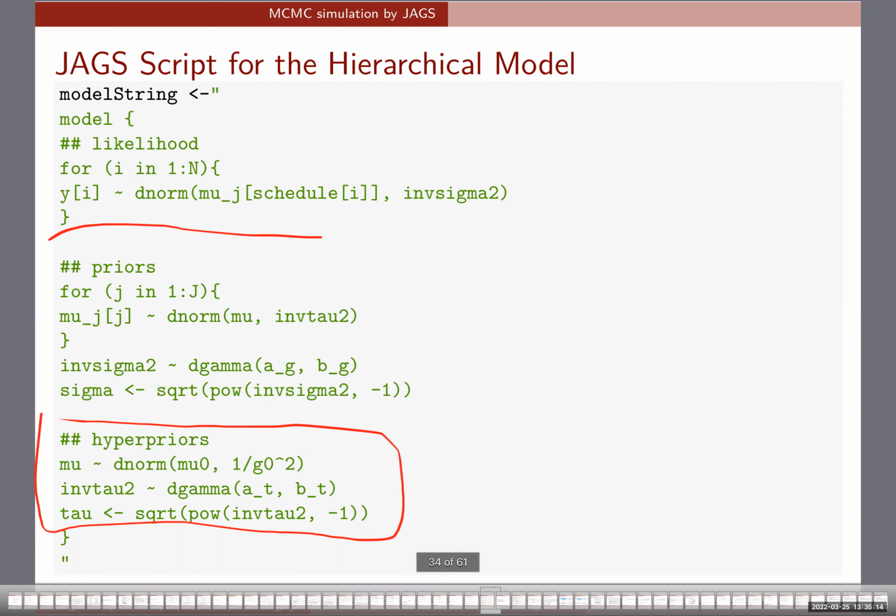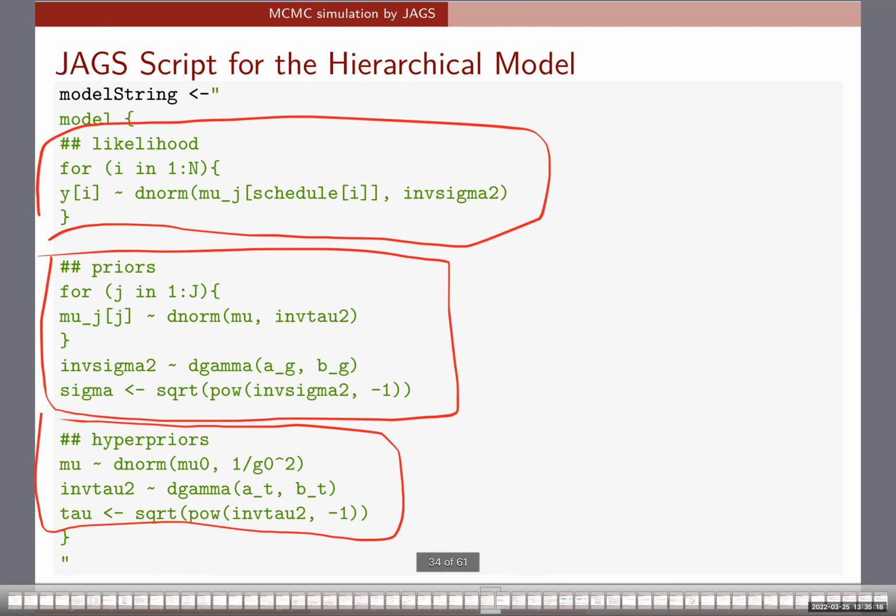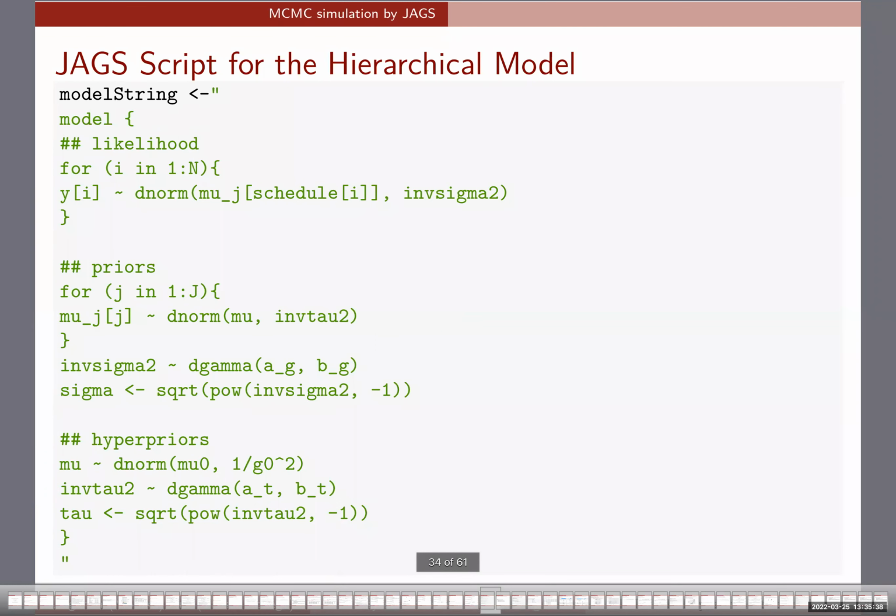So in general, I think you will see at least 2 chunks when you're writing a Jags script. You will always have the modeling step, which is the likelihood part. And you're always going to have a chunk about the priors, and sometimes you might have an additional chunk for the hyperpriors. So if you put them separately, chunk by chunk, hopefully it will match well. So let me go back to the previous slide where we actually had the data model.